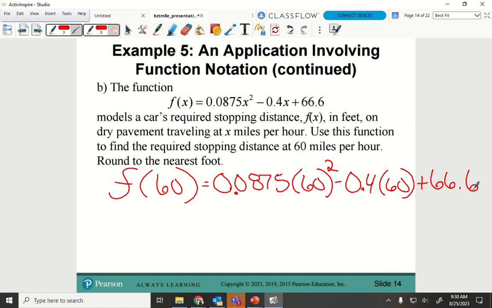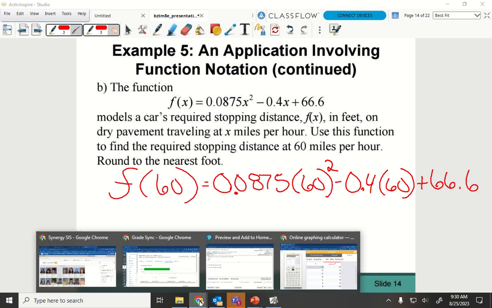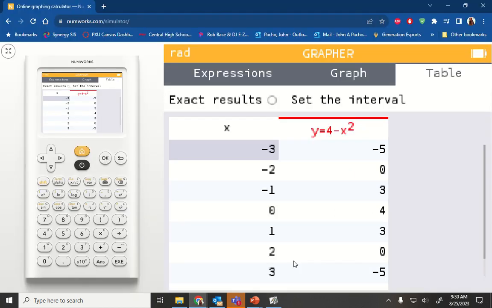Now we're going to use our NumWorks calculator again, but this time a different function of it. Right now we're in the grapher. I'm going to hit home.